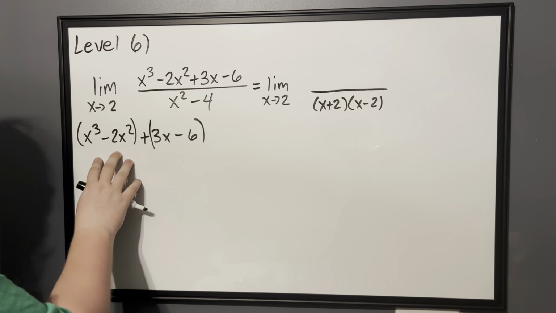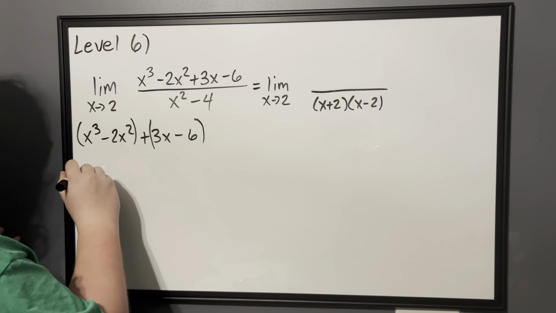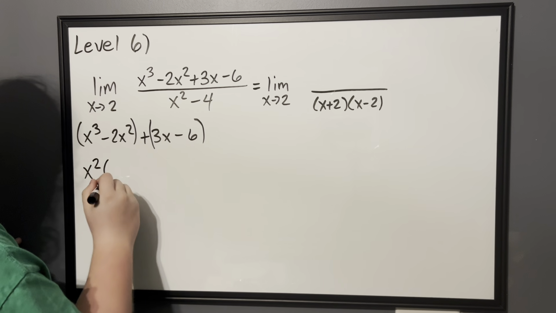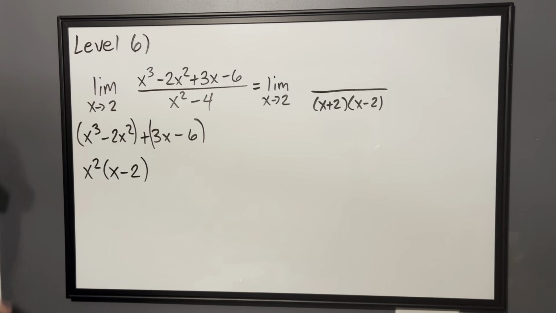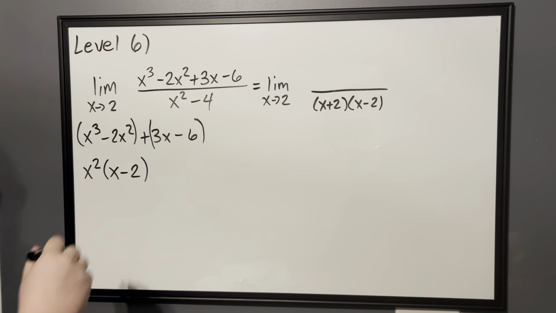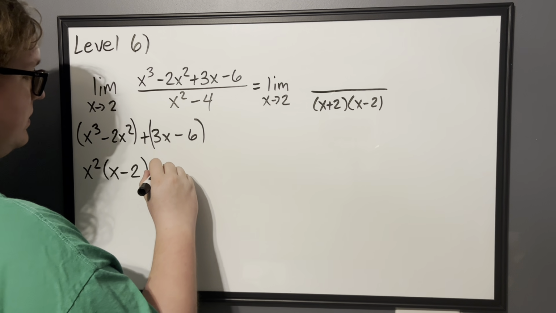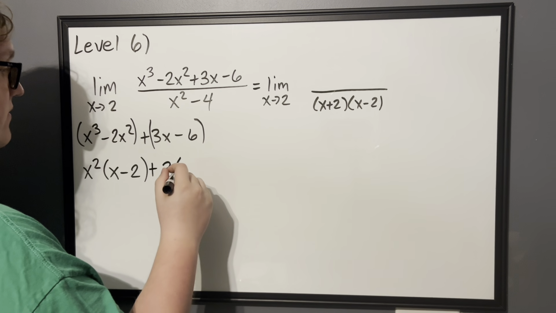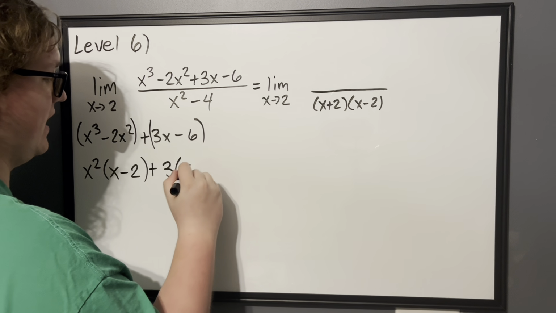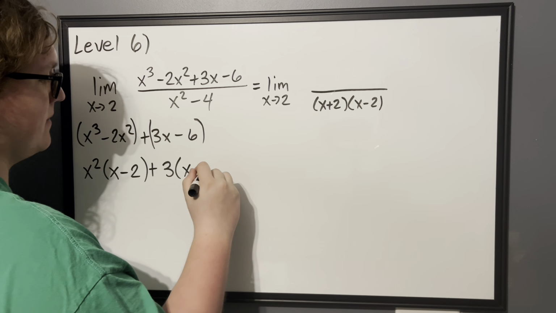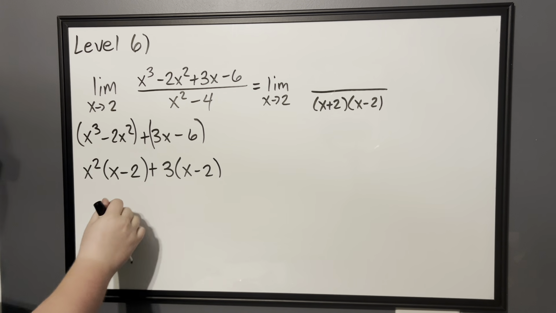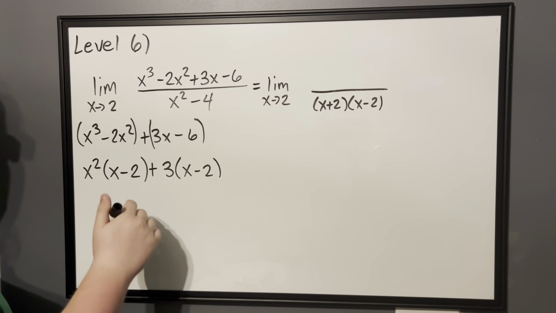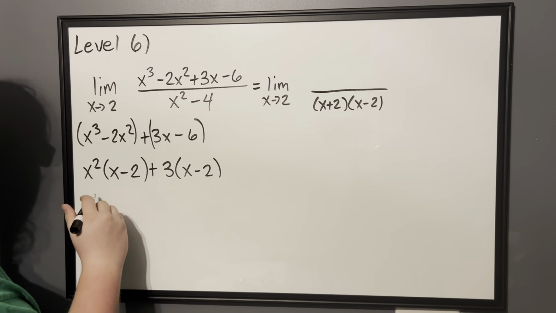But what they do share is an x squared. So we could take an x squared out of this first one, and we'll have x minus 2. Now with the second one, we can take out a 3. So we'll take out a 3, and what do we have left over? Well, the 3 goes away from this, it'll be an x. This one divided by 3 is a minus 2. So then we can actually factor this again. We're going to take out an x minus 2 from both of these terms.